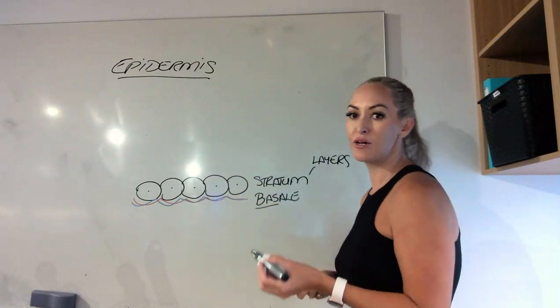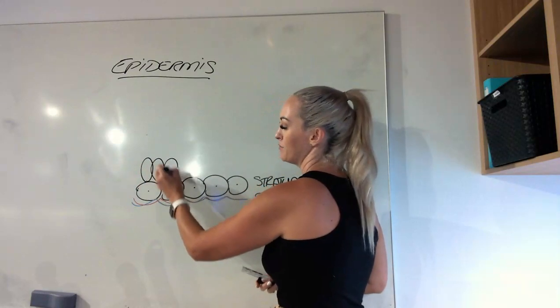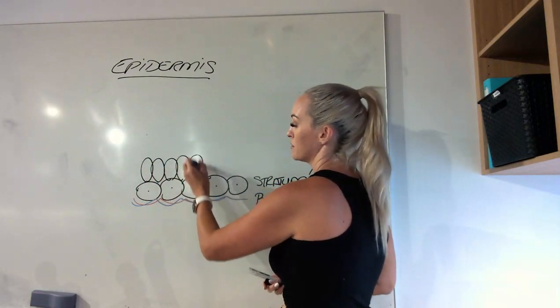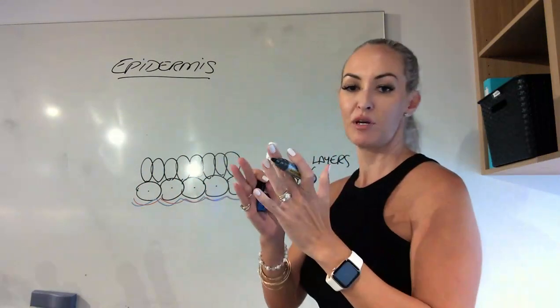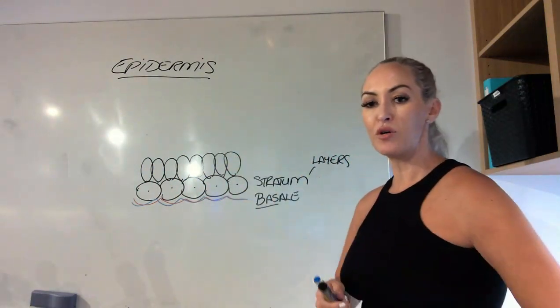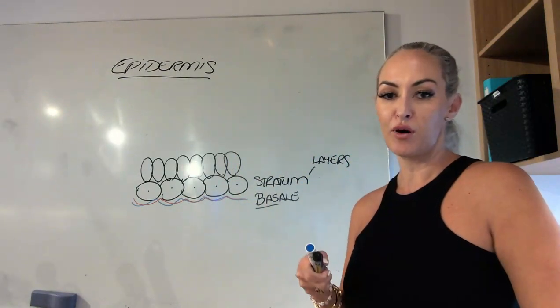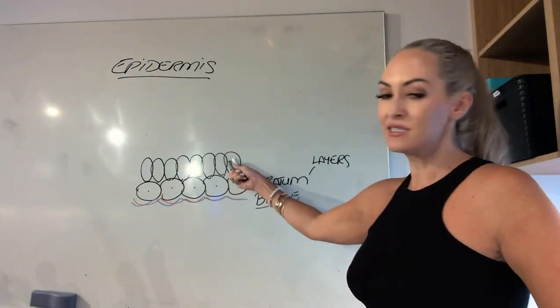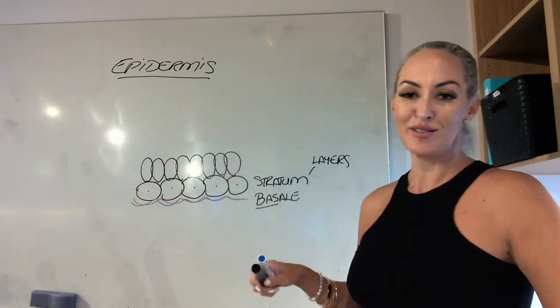Okay, then we're going to go to our stratum spinosum. Okay, so it's like a spiky layer. Okay, so it starts to change shape. Now, if you remember what we talked about with our cell membrane at the start, it had an oil and water component. Okay, it's still intact in the stratum spinosum.